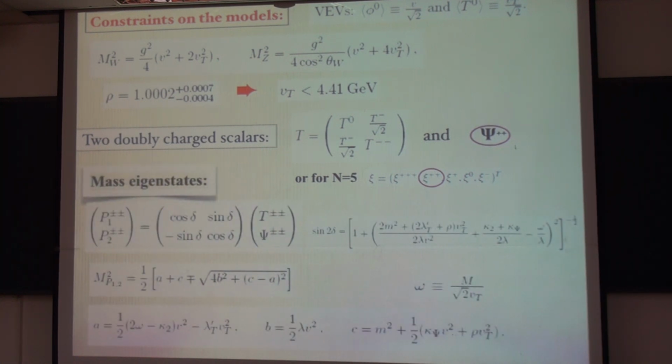So we can diagonalize to get the physical particles, called the mass eigenstates, P1 and P2. Okay, this is the mixing parameter now. The parameters in the model here are kind of complicated, but once we write the mixing it is simple. Okay, so this P is just a physical state.